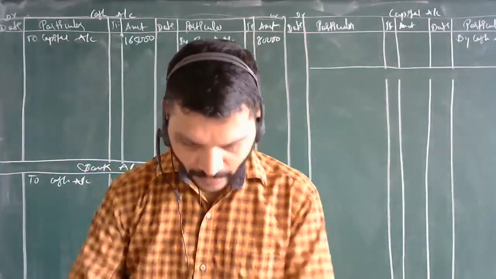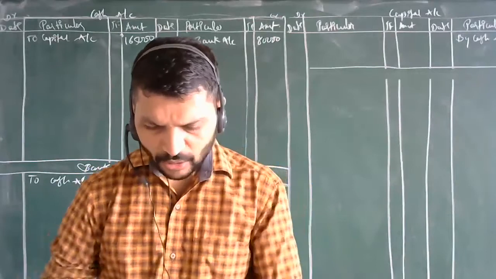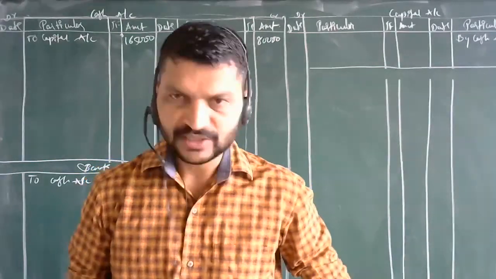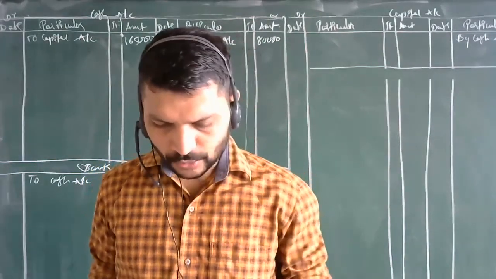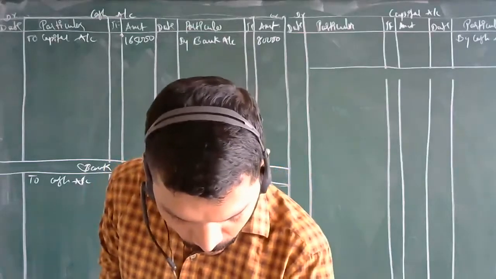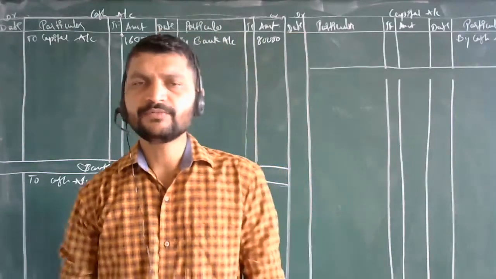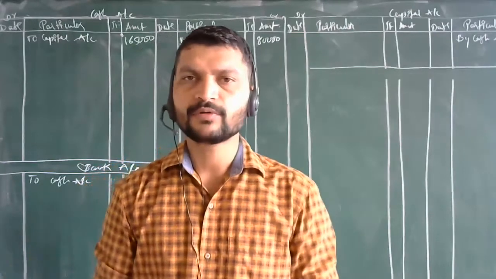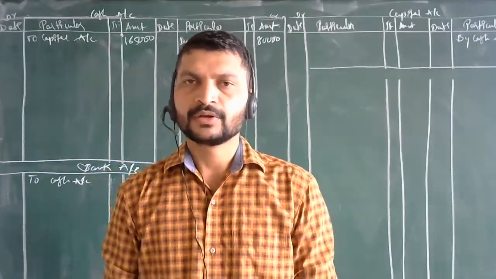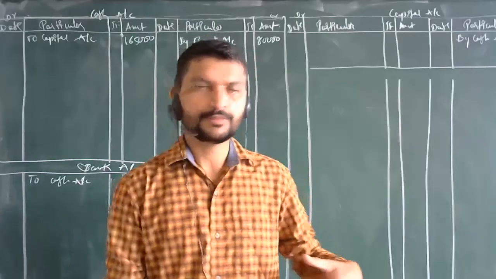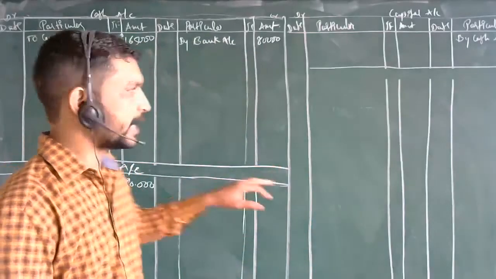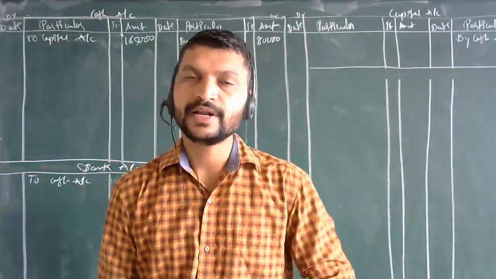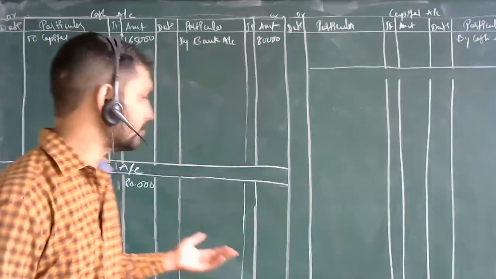Third entry, purchase account debtor to cash account. It is goods purchased from Tara. See, whenever there is a small amount, obviously you will be purchasing it for cash. When there is a check, it will be affecting bank account. And when there is a credit, even the payments will be affecting.